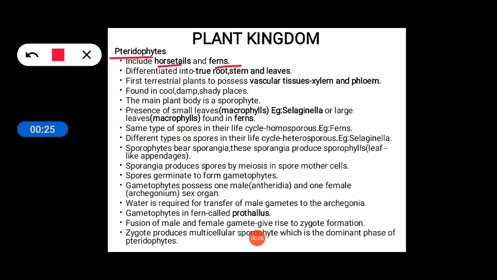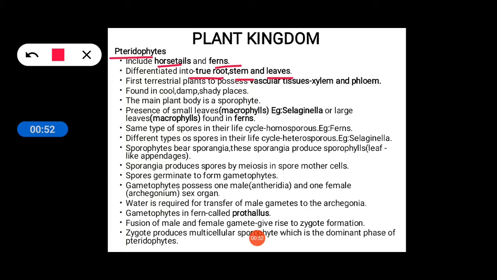Horsetails and ferns are the examples of organisms that are present in pteridophytes, differentiated into true root, stem and leaves. This is the first class in the plant kingdom that has been differentiated into true root, stem and leaves.